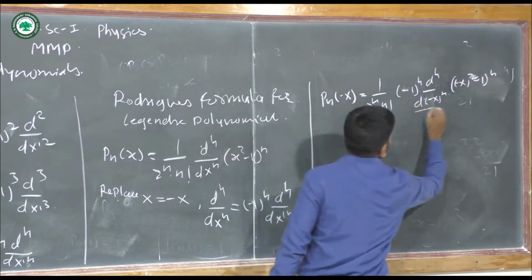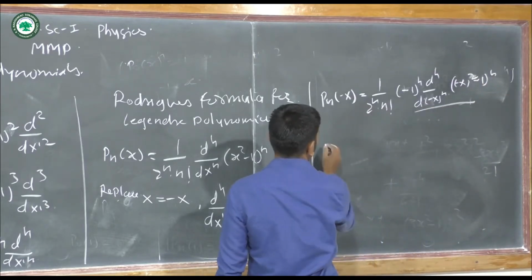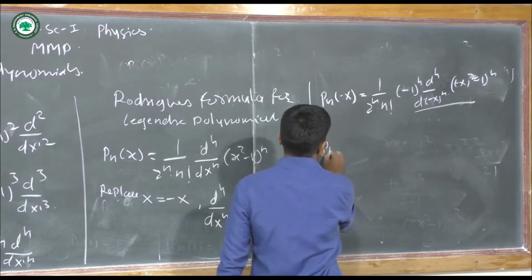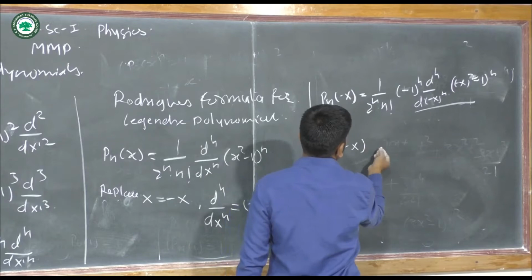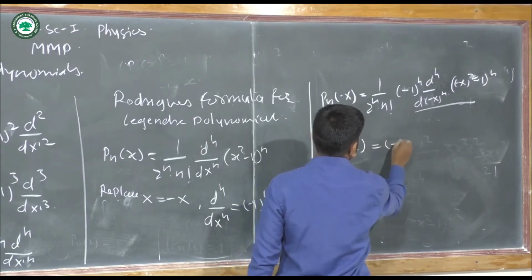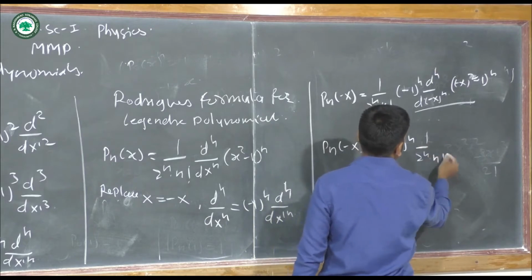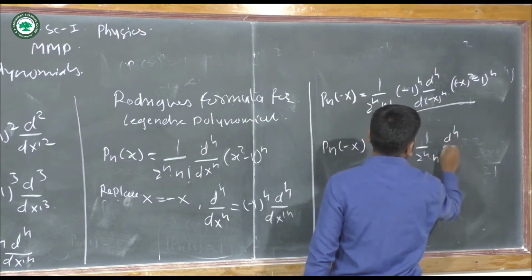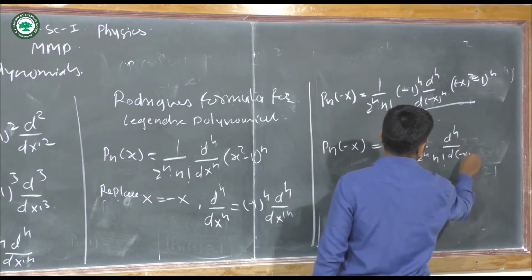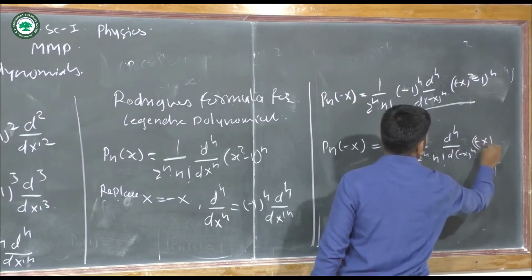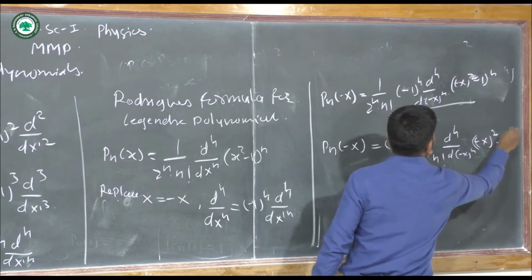So Pn(-x) is equal to (-1) power n times 1 by 2 power n times n factorial, d power n by d(-x) power n of ((-x) square minus 1) power n.